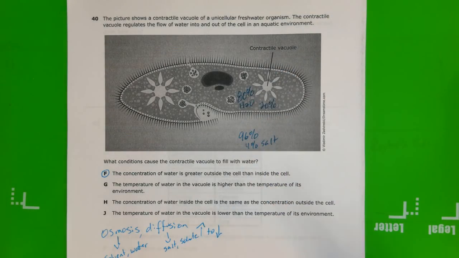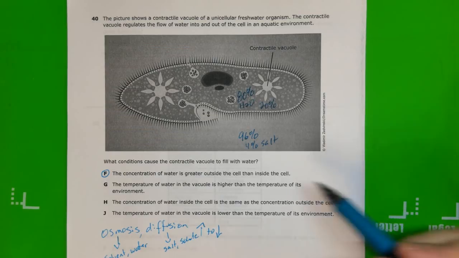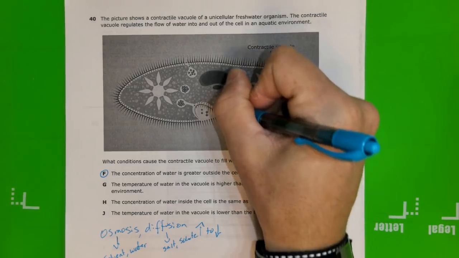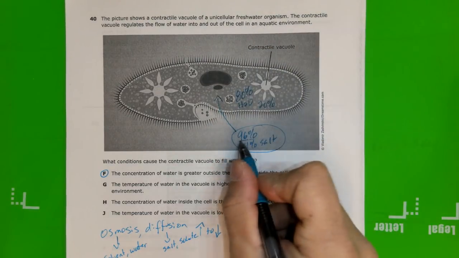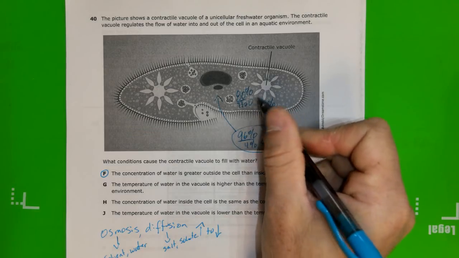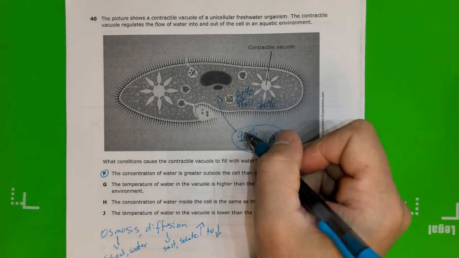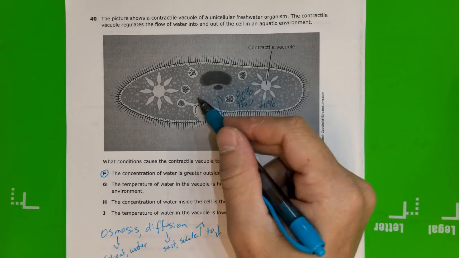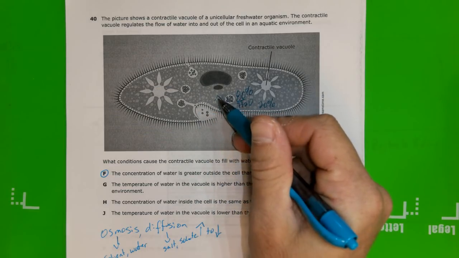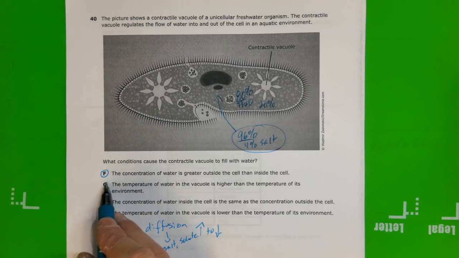So the only way water is going to get into this vacuole is if the concentration of water is greater outside, so that the water can rush in, because it goes from a high concentration to a low concentration. So 96 is higher than 80. If this was talking about shrinking, well, water would be rushing out, would cause it to shrink, or salt could rush in. So it has to be the concentration of water.